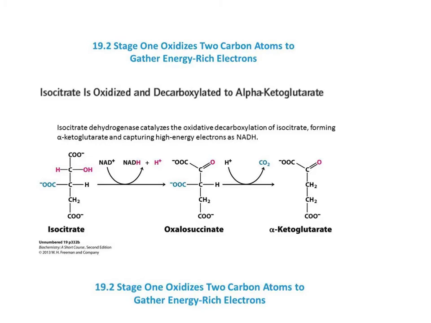So in the next reaction, we take the isocitrate that's been made, and using NAD, NADH is created. That process, NAD, will cause oxidation to happen at this carbon. You see that? You get a carbonyl there. And you get this intermediate known as oxalosuccinate.